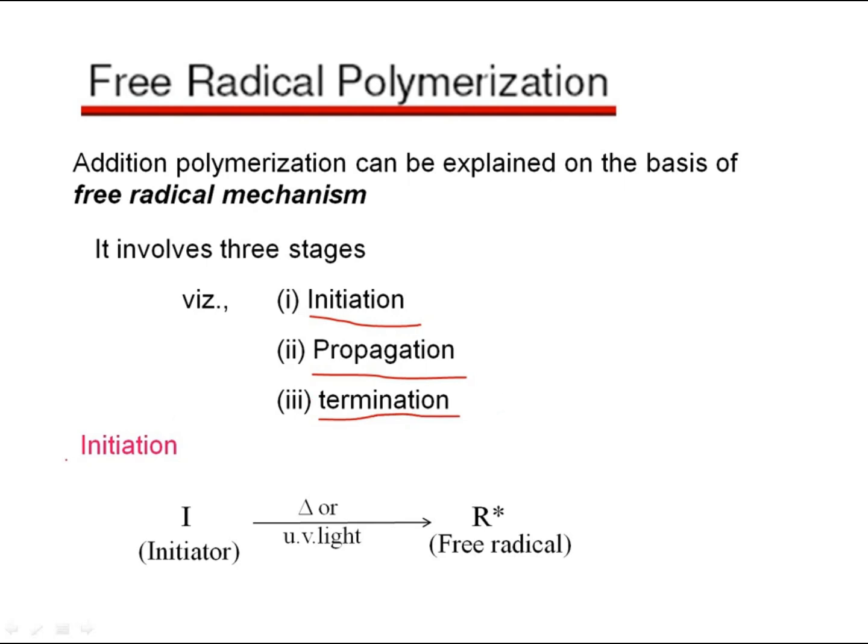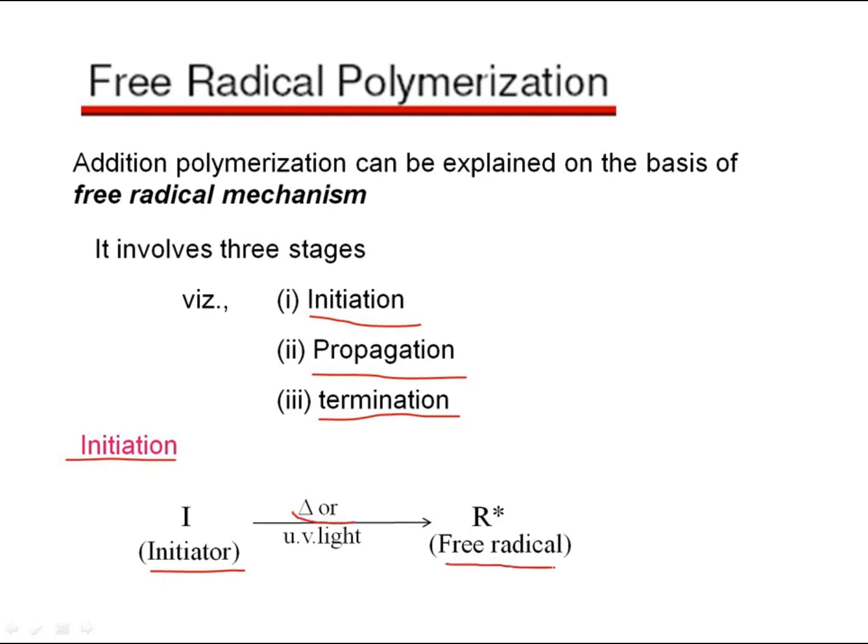First, initiation. Any initiator we take here may be any peroxide, and this initiator will be broken to form a free radical by subjecting it to heat or light.